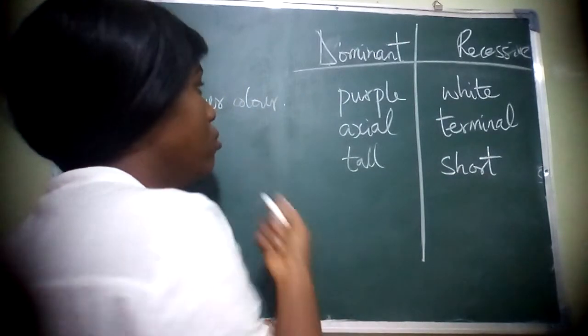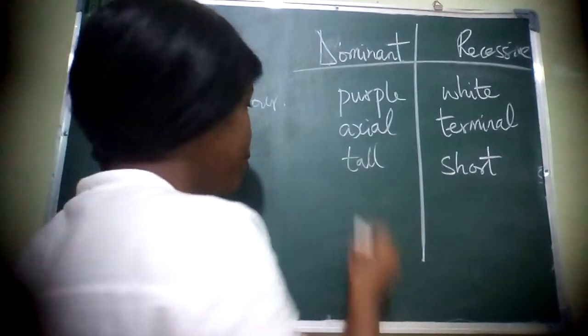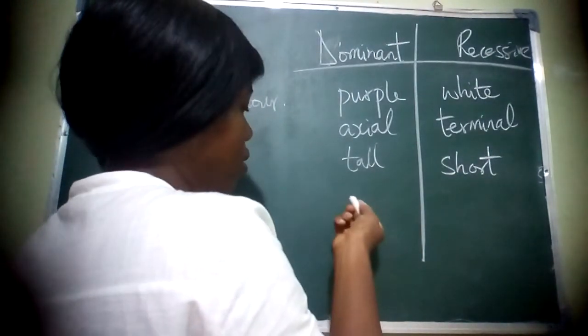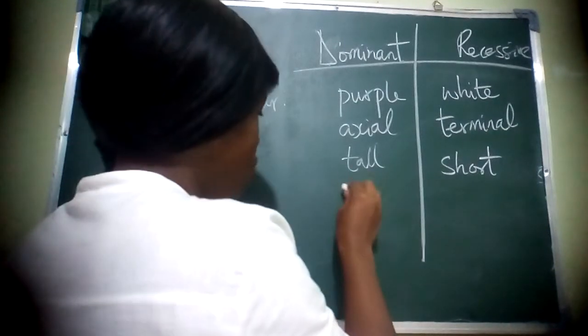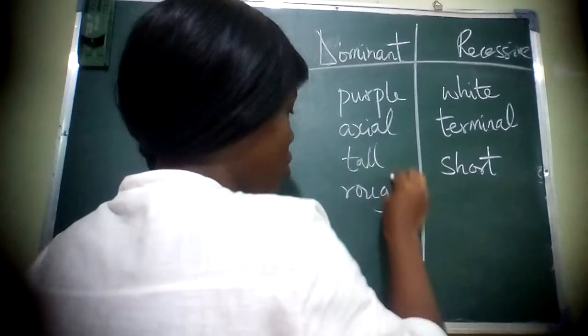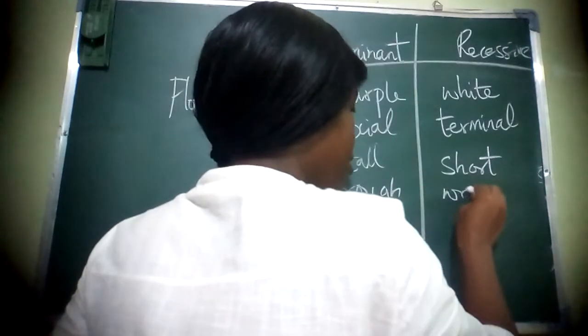For seed shape, you notice that rough was dominant over wrinkled.